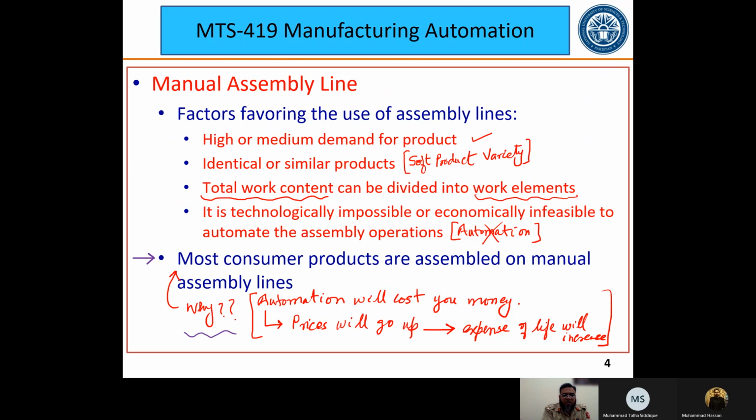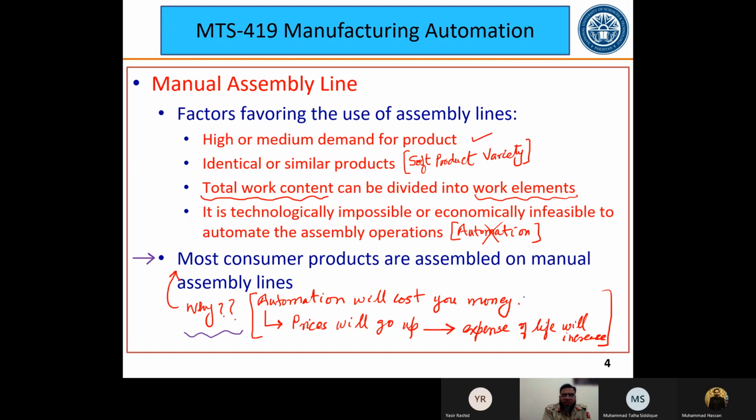So why do we use manual assembly lines for the consumer products? Consumer products are those products which are used in the daily life of the people.